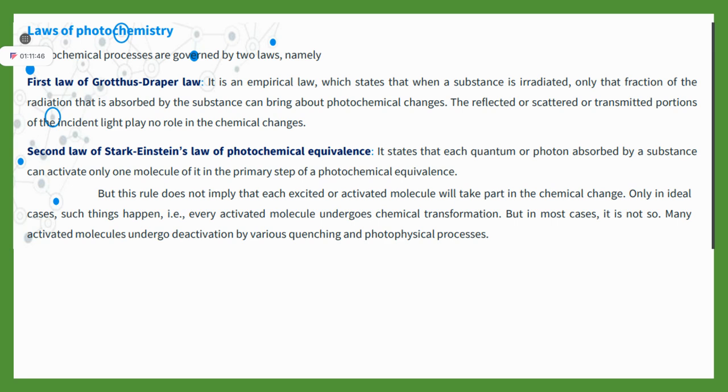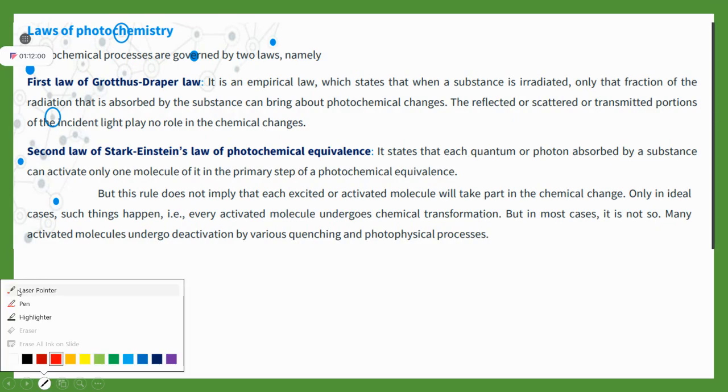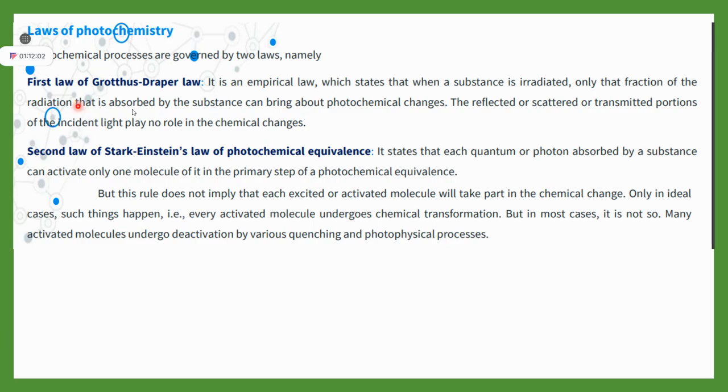It is an empirical law which states that when a substance is irradiated, only that fraction of radiation that is absorbed by the substance can bring photochemical change. Understood? They are saying only that fraction of radiation, meaning whatever light a molecule has absorbed, can bring photochemical changes.